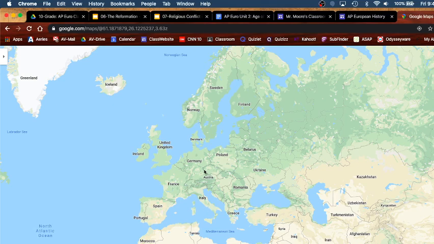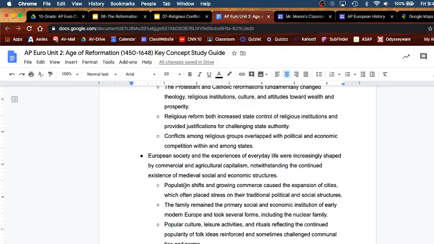And at the same time, because of increased literacy and because of the printing press, ideas are going to spread. And because the Renaissance encouraged people to challenge things, people are going to start challenging church doctrine and church practices and church corruption. And that's how those two things are going to be interrelated.